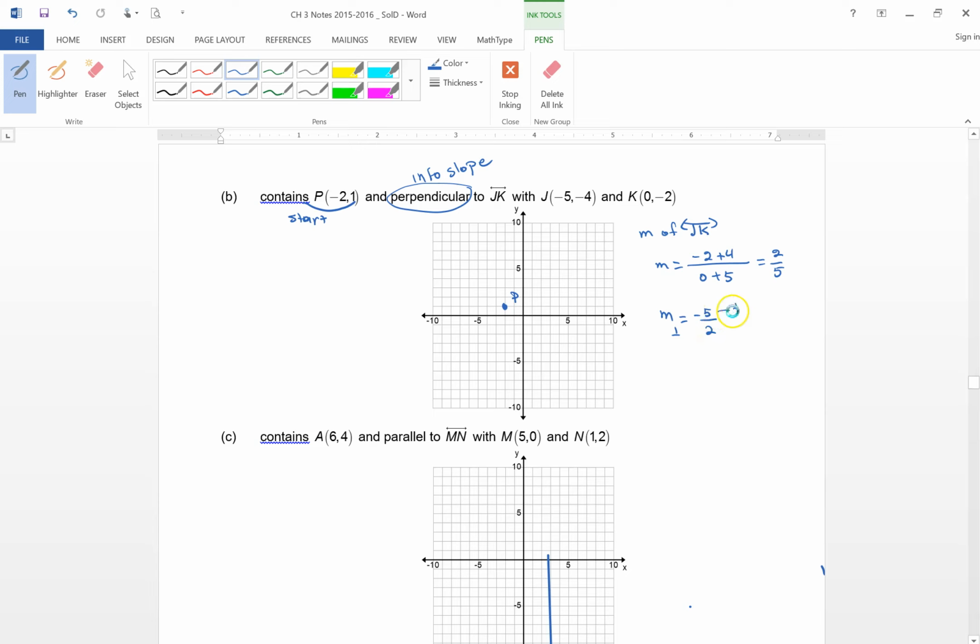That means I'm going to go down 5 and to the right 2. So from this point, I go down 5 and to the right 2. Right there. Okay? So that's where my second point is.